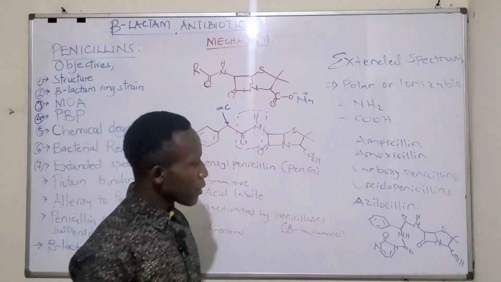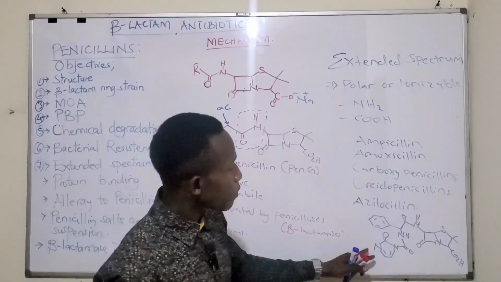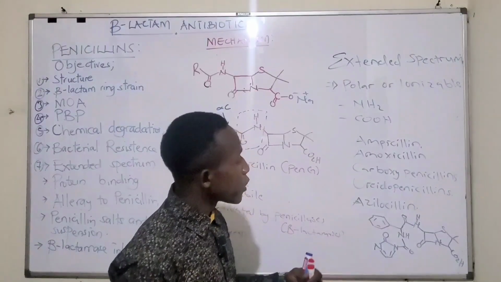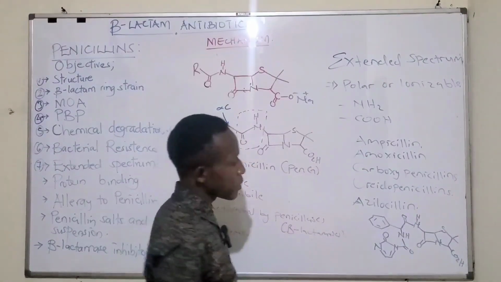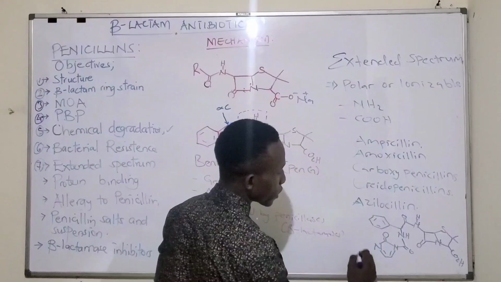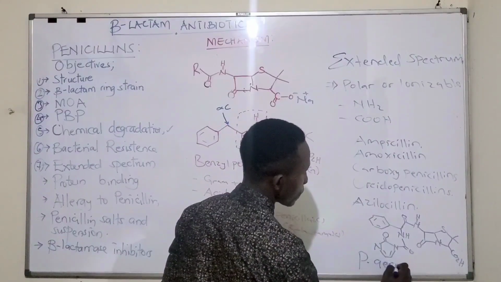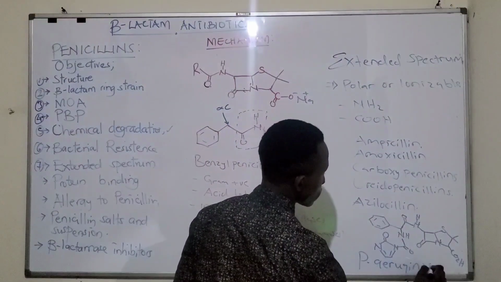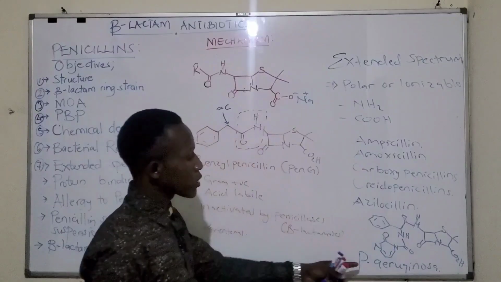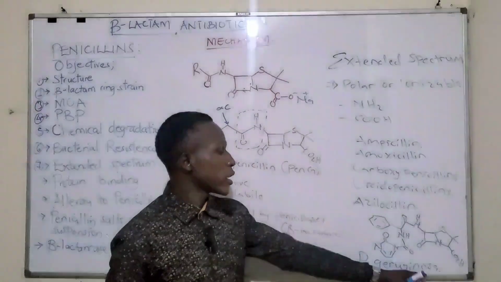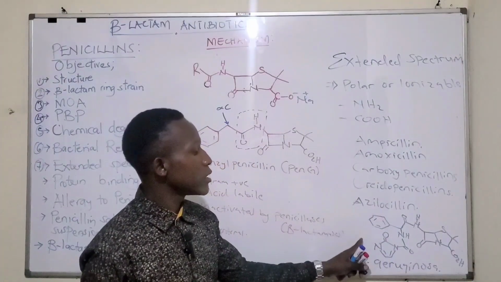It will form bonds with the receptor sites there in the periplasmic space, meaning that bacteria like Pseudomonas aeruginosa can be targeted by these ureidopenicillins.